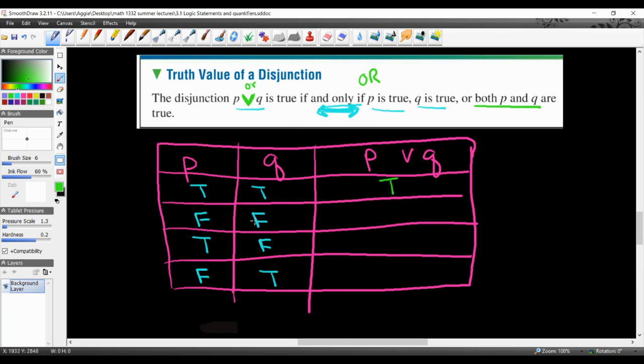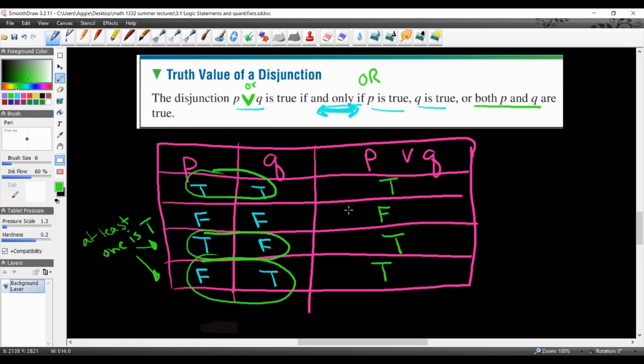False, false. Neither of them are true. Therefore, this is false. For this one, at least one is true. So therefore, this is true. And same thing for here. And that's it. So in this chart, this scenario works, so does this one, and so does this one.